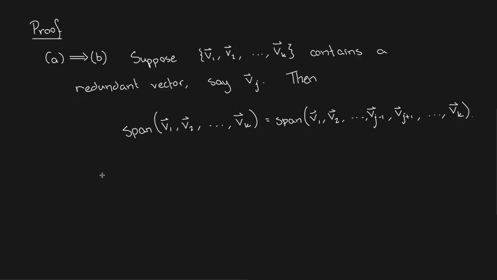We're going to do it by taking some vector and expressing it as a linear combination in both of these spans of vectors. So let's let vector w equal v1 plus v2 plus dot, dot, dot, and somewhere in there is vj, remember, plus dot, dot, dot, plus vk.